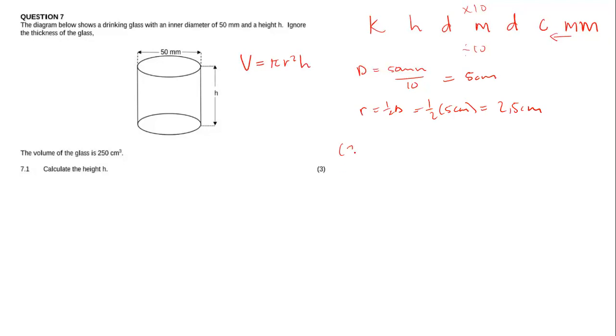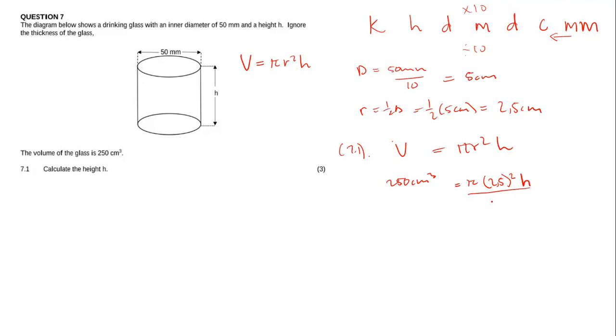Now, to answer the very same question, which is 7.1, to calculate height, I'm going to say V is equal to pi r squared multiplied by h. The volume is given to be 250 cubic centimeters, which equals pi, and then my r in this case is 2,5 centimeters squared, and then my height is what I'm looking for.